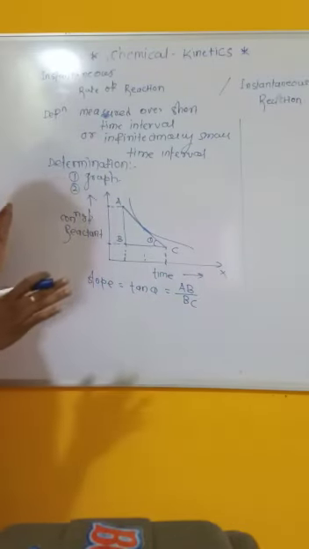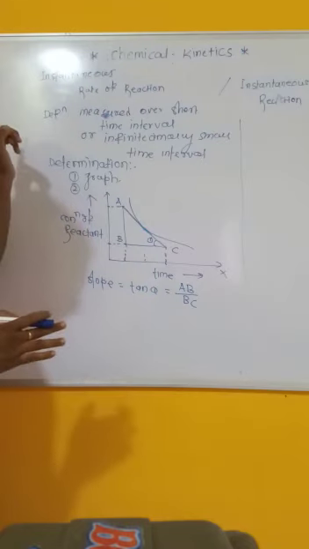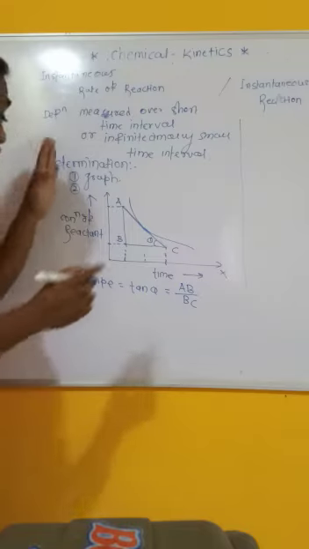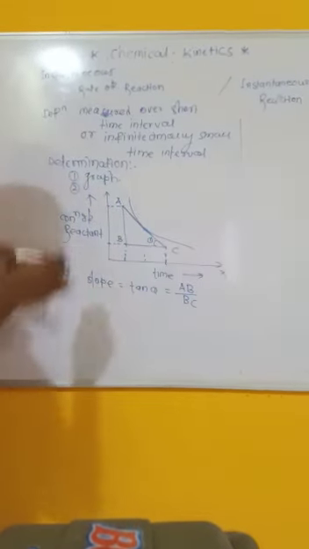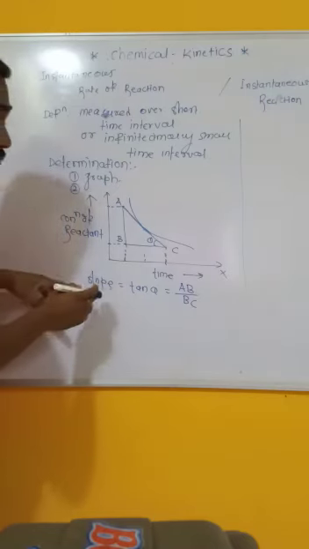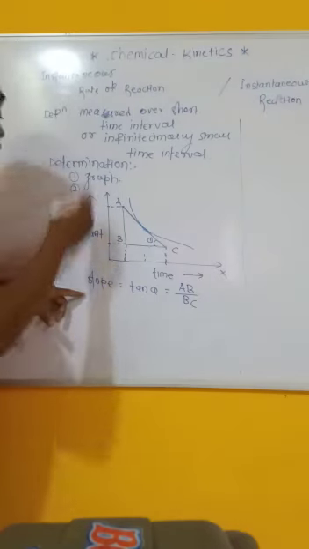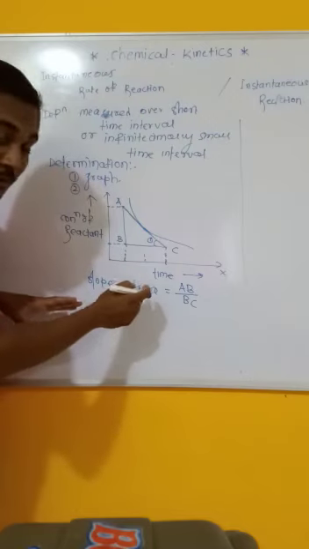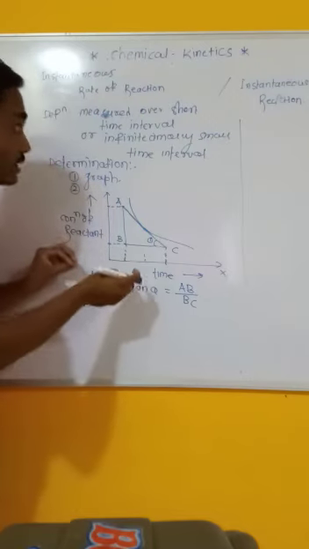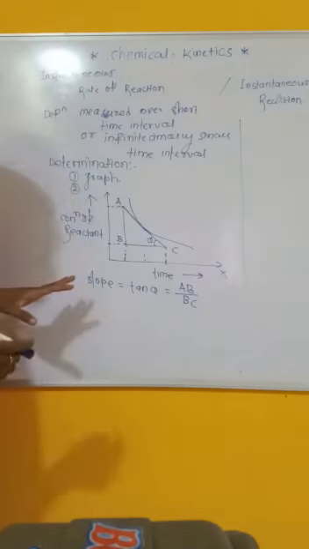The average rate of reaction is found by using the formula change in concentration divided by change in time. But in the case of the instantaneous rate of reaction, the value of the slope is always equal to the instantaneous rate of reaction.